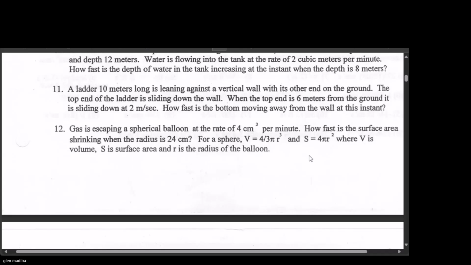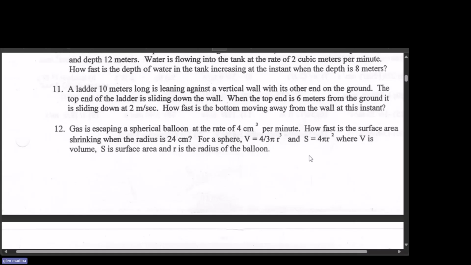Then we will have 4 multiplied by that 2, it will give us 8 pi multiplied by r. We know that r is 24. We already calculated dr over dt, which is -1 over 24 squared over pi.